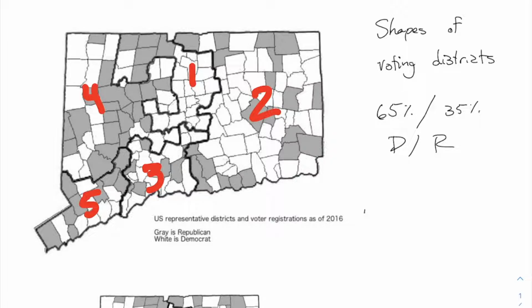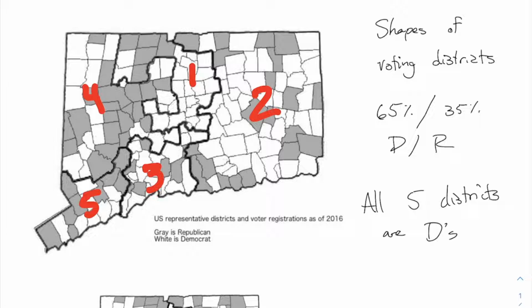So all 5 districts, as of now, are D's, right? They're going to vote on these again in a couple weeks. I don't follow the elections too closely, but I believe everyone basically expects all 5 to go to the Democrats again. This is typically how it goes in the state of Connecticut these days.